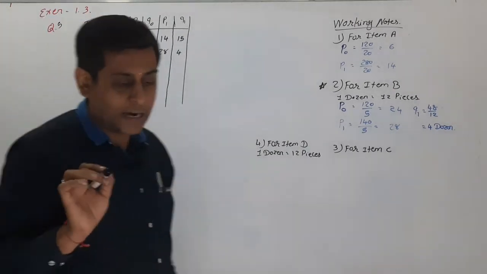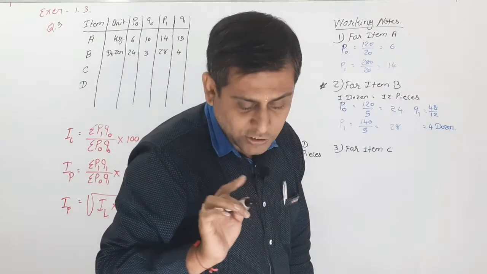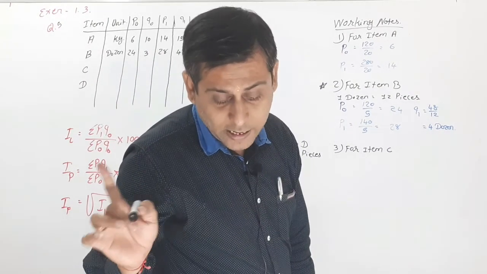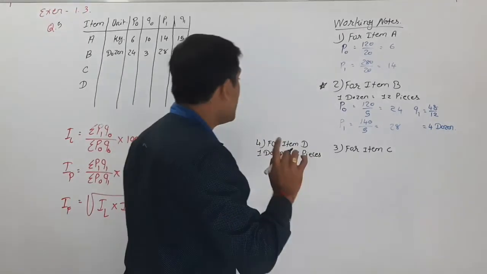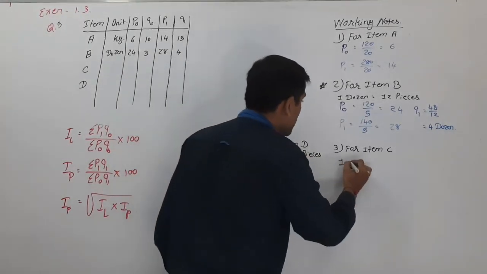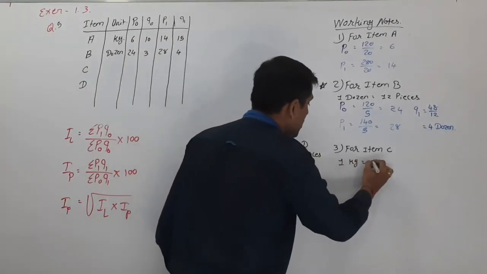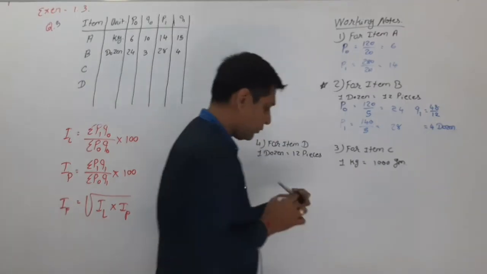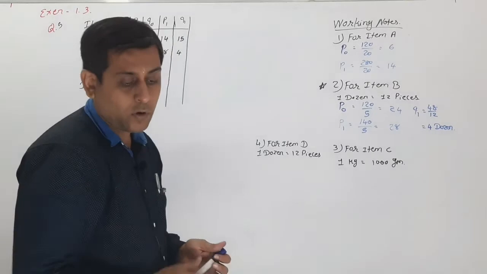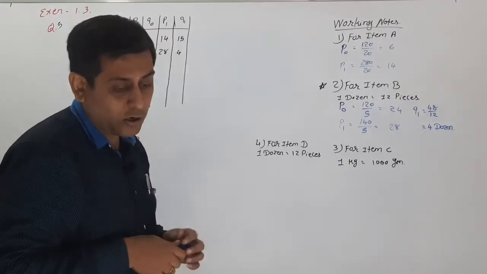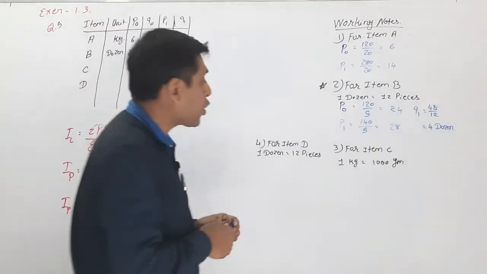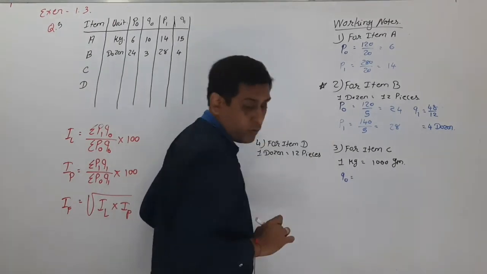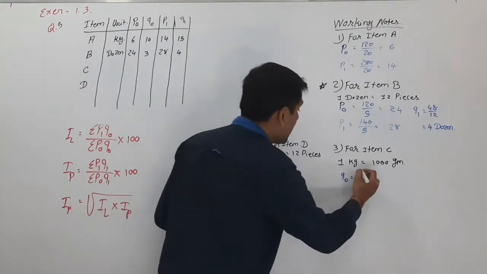Okay, now item C, 1 kg, gram, 1 kg, then gram and then again kg. So we just have to convert 1 kg is equal to 1000 gram. See here, kg is given in the unit column. Then for quantity of base year 5000 gram is given.